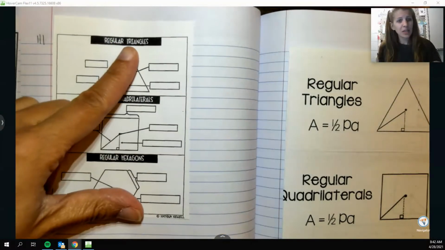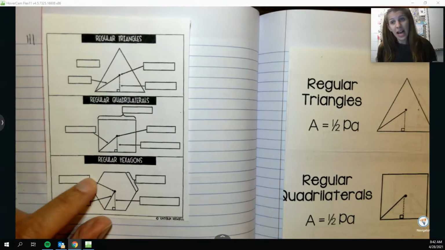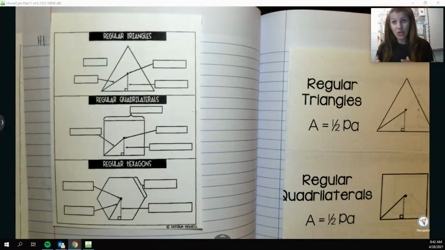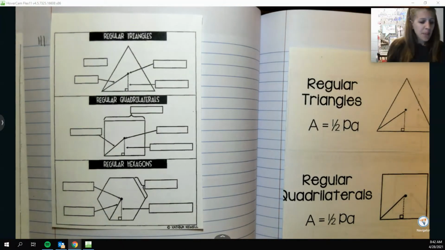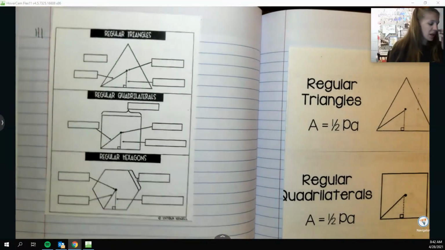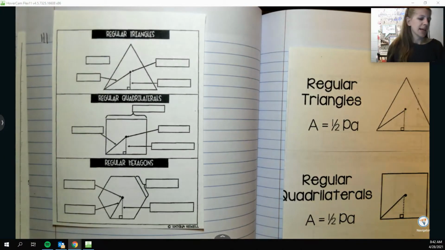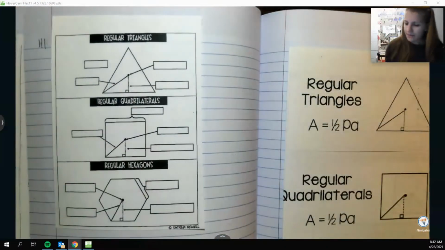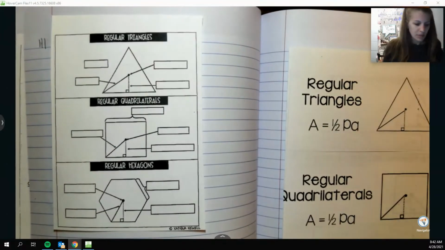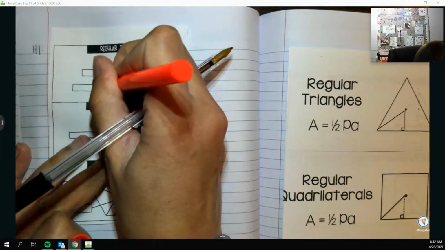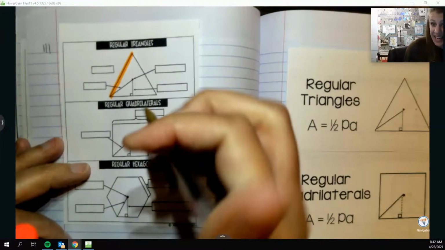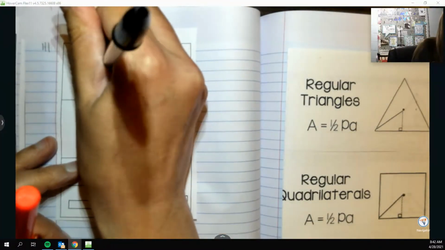It doesn't have to be a triangle, quadrilateral, or hexagon. This applies to all polygons, but there's some new terminology that we need to look at here. So firstly, this is a side of a triangle.